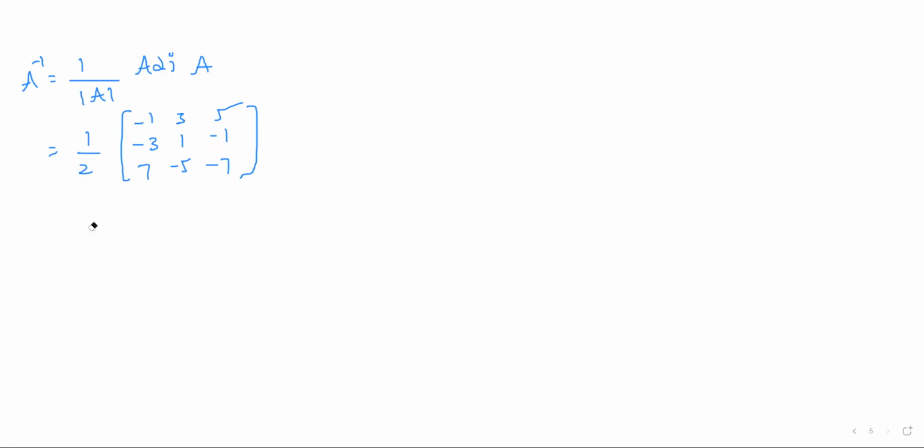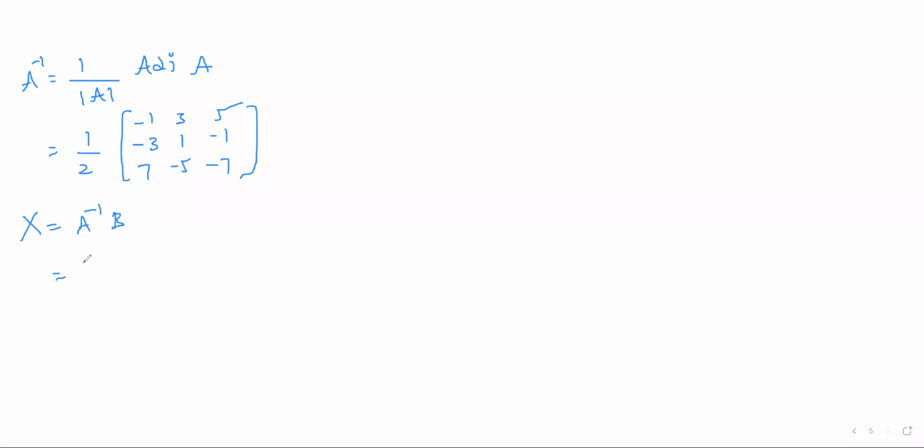Now our target is not to find out A inverse, but we have to find out capital X. Capital X means XYZ values. So capital X is equal to A inverse into B కదా.